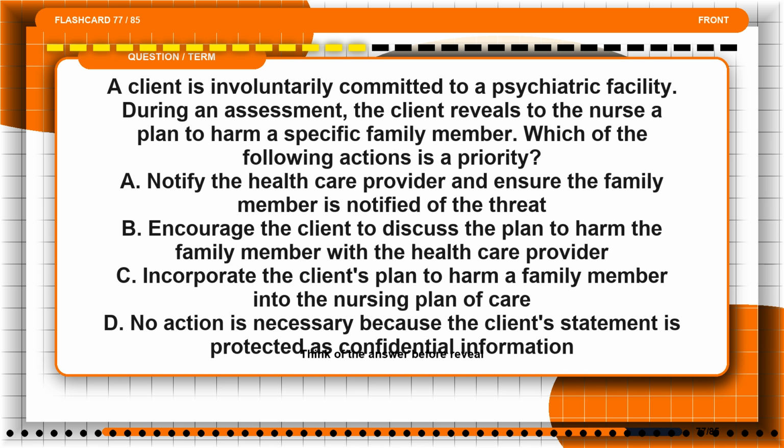B. Encourage the client to discuss the plan to harm the family member with the healthcare provider. C. Incorporate the client's plan to harm a family member into the nursing plan of care. D. No action is necessary because the client's statement is protected as confidential information. Think of the answer before the reveal.